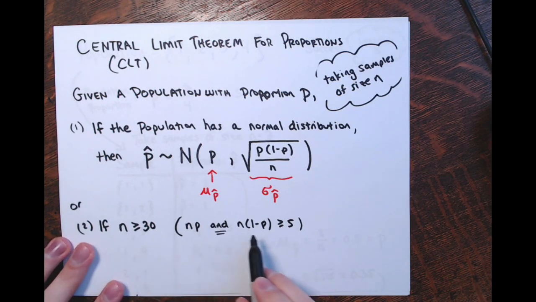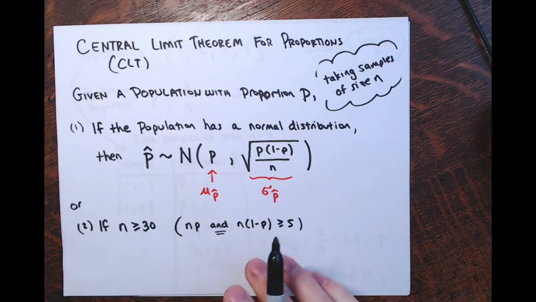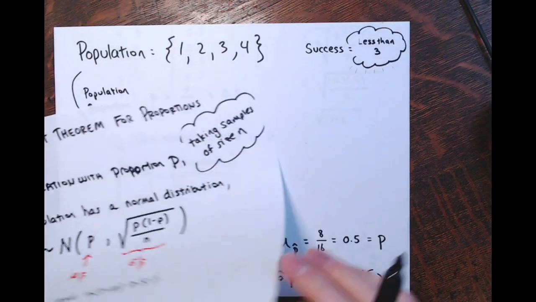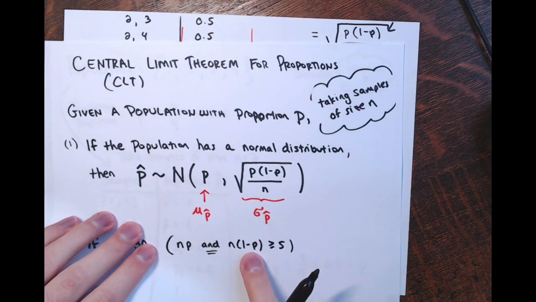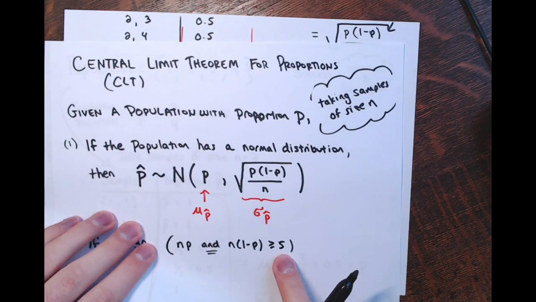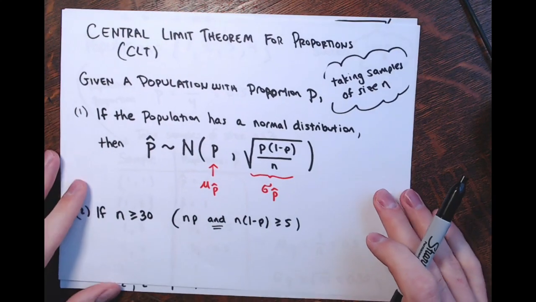You might see that condition thrown up as well, because if these two hold, then the histogram will look more normal instead of being skewed right or skewed left.